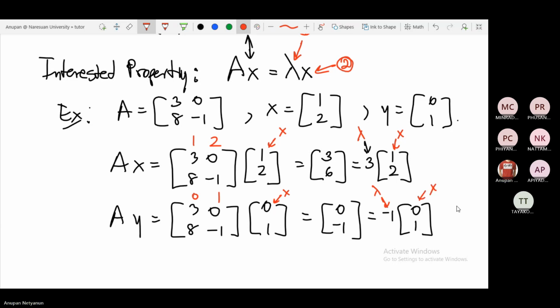Now you can see that in this case, 0, 1 satisfies this equation corresponding to lambda equal to negative 1.